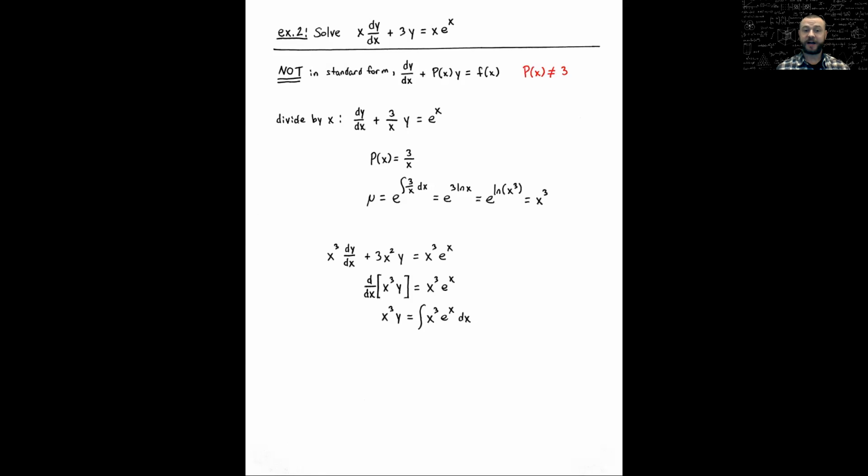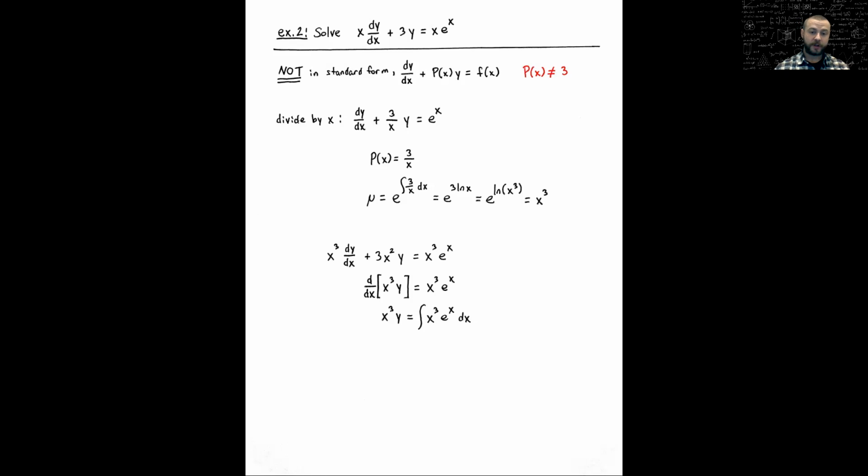Don't forget that the left side collapses to the derivative of mu y, so the derivative of x cubed y. And to undo the derivative, we integrate both sides. Now this one, again, comes down to an integration by parts, which is maybe another tricky part, but hopefully not. The true tricky part here was correctly identifying p of x as 3 over x.